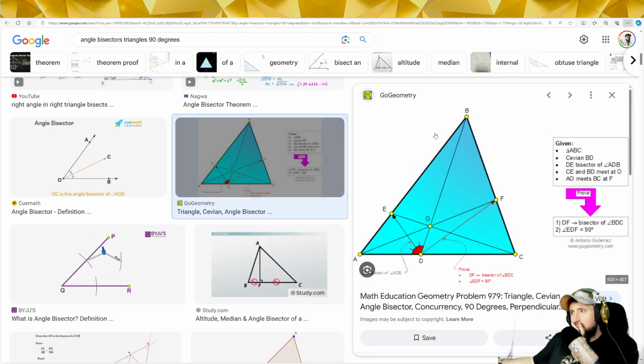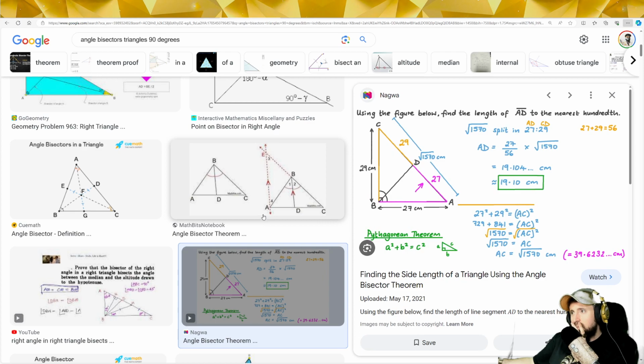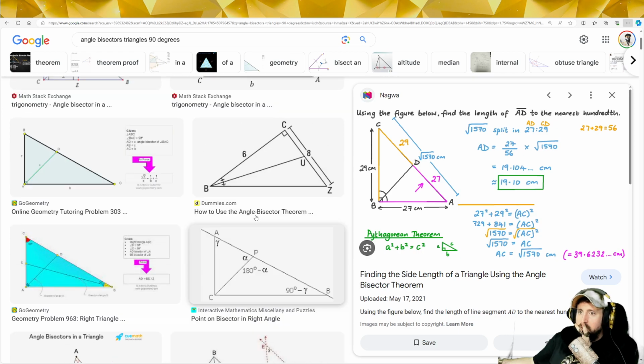Hmm. Okay, well the Pythagorean theorem we know that holds if it's a right angle, if it's a right triangle. I know that's true.